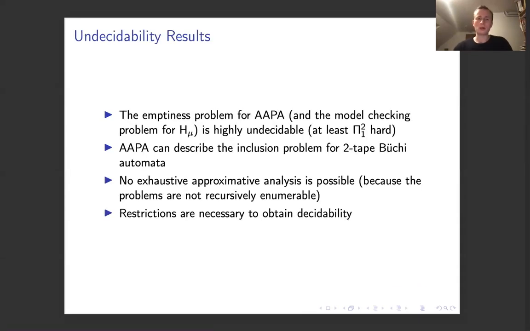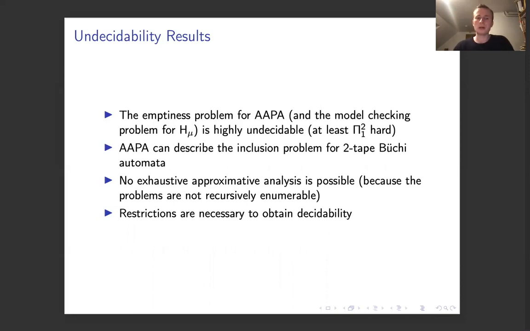Now, of course, we are also interested in computational aspects of asynchronous hyperproperties, such as the emptiness problem for AAPA and the model checking problem for HMU. And both problems turn out to be highly undecidable, meaning they are not just undecidable, they are not even arithmetic. So they are at least hard for some part of the analytical hierarchy.